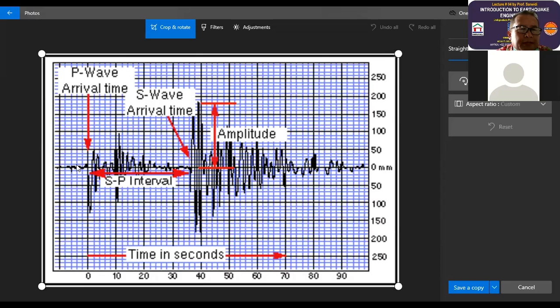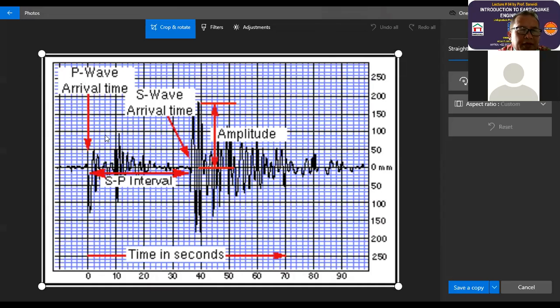So the first thing is that the fastest waves are P waves, coming for the first time, and subsequently the arrival of the shear waves, or secondary waves.